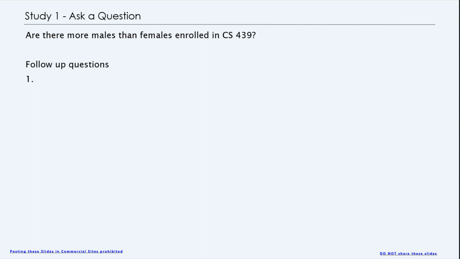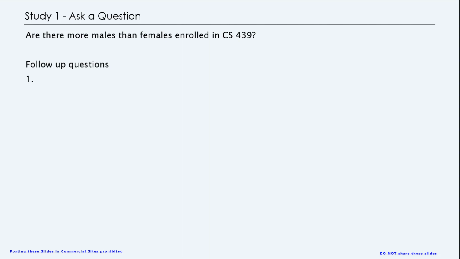One of the questions we can ask here is, are there more males than females enrolled in CS 439, a course in data science? You can answer this question by collecting the enrollment data. One of the problems you will run into is that typically you don't have the gender information in university rosters.